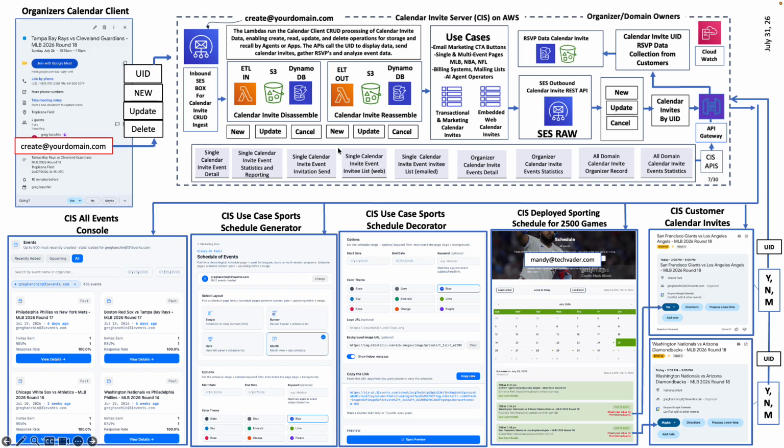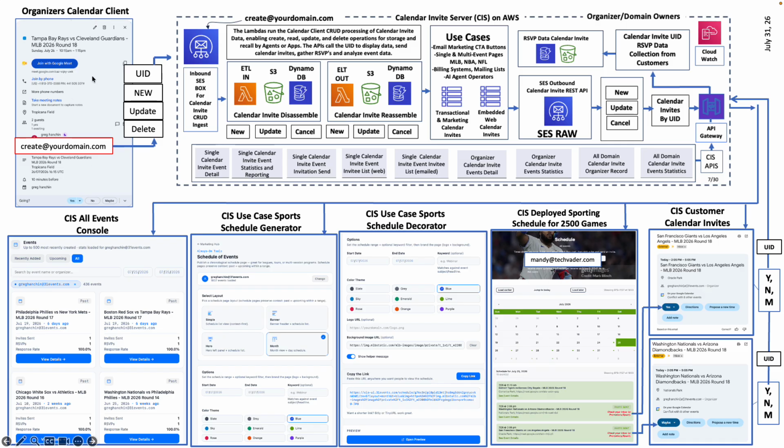Essentially, this workflow here is a CloudFormation template. It's all a bunch of functions and procedures that we've built over time that basically take data from an organizer's calendar client. When your organizer sends data to your create address at your domain, which is configured with the Calendar Invite server CloudFormation template, that domain for your SES, this particular mailbox, is turned into a calendar client eating machine.